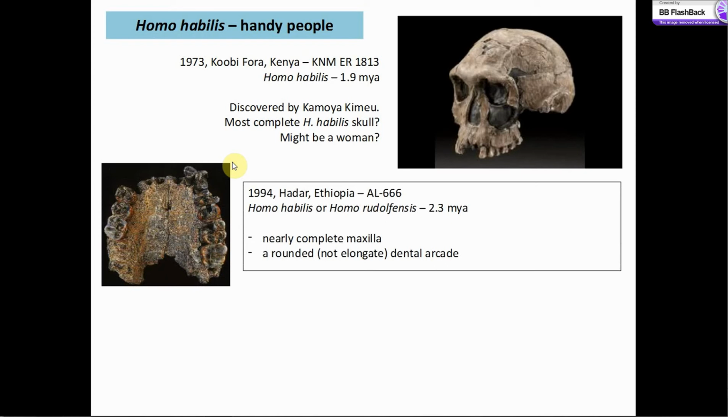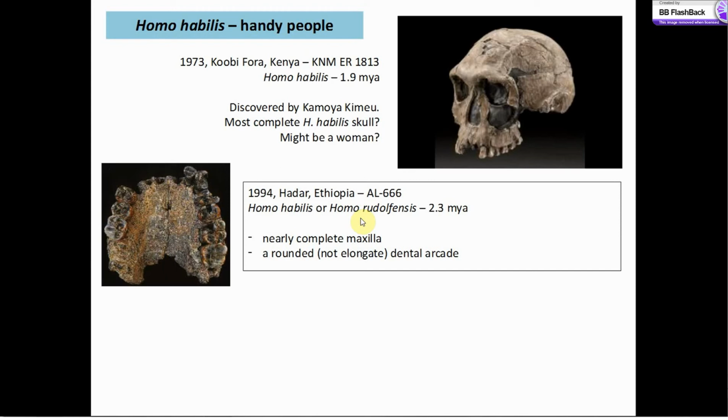Another good one, and this is another old one, really, is AL666. I guess that's an unfortunate number if you're superstitious, but this is actually a very interesting fossil, 2.3 million years old. It's been called Homo rudolfensis by its discoverers, right? They want to give it a separate species name.